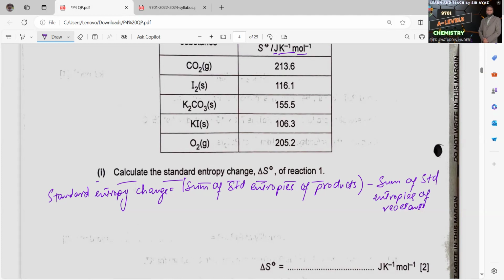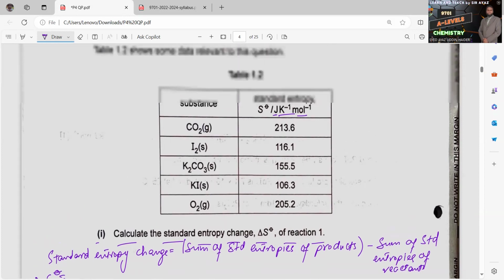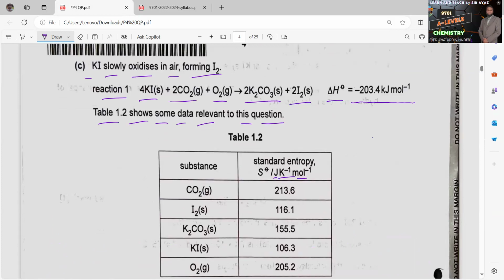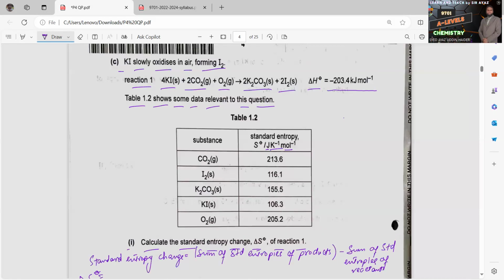So putting the values, for convenience I am writing the reaction here again. We have 4KI plus 2CO2 plus O2 gives 2K2CO3 plus 2I2.